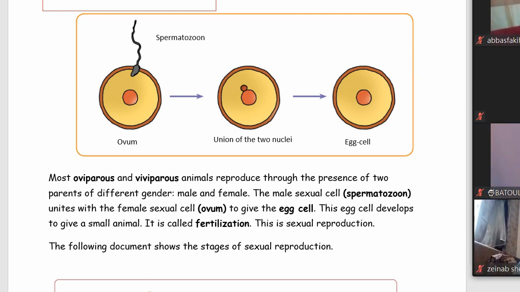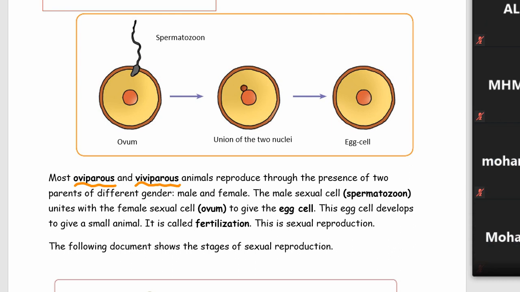Most oviparous and viviparous animals reproduce. They have to reproduce in order to produce new offspring, newborn, new babies, through the presence of two parents of different gender, male and female. Let's now write the definition of oviparous and viviparous.